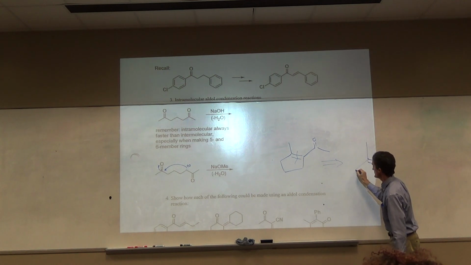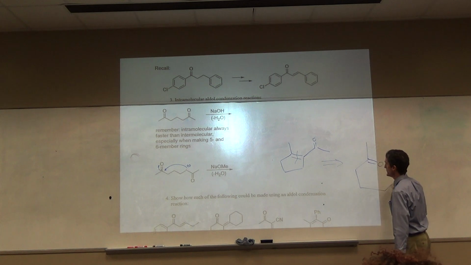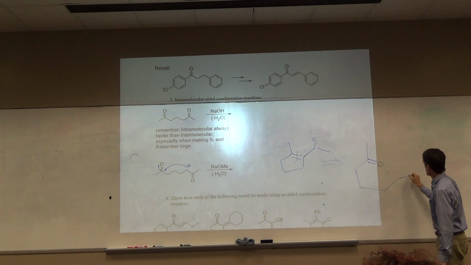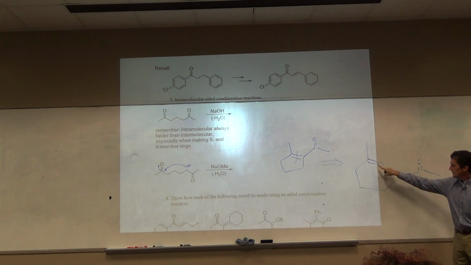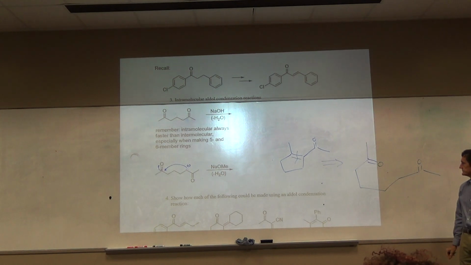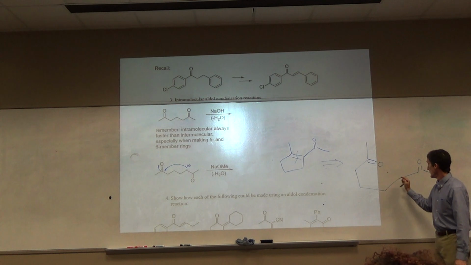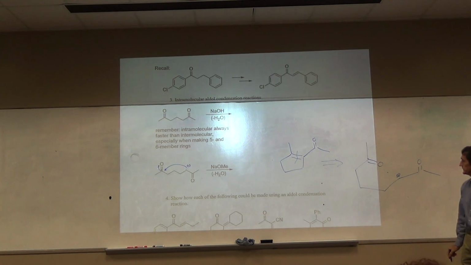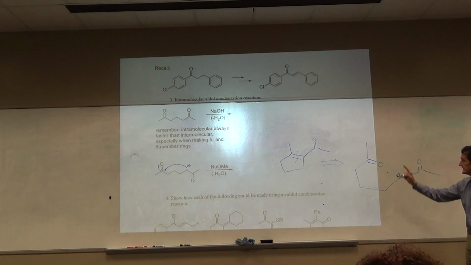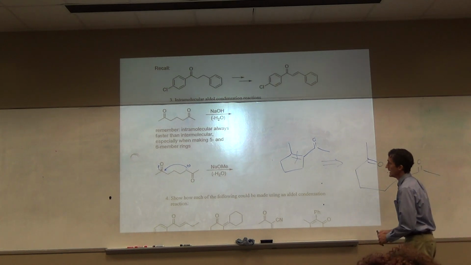Enolate carbon, carbonyl. And that's the starting material. We just went back to the starting material, right? This anion condenses onto that carbonyl. It reacts, and ultimately we lose water to make the alkene. You know the mechanism.